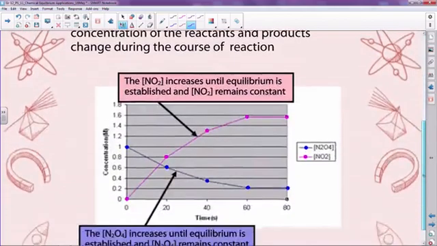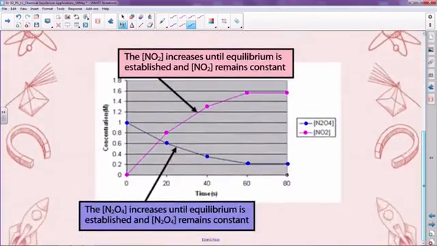Now, this is a rate graph, which helps us for equilibrium. So you know what rate graphs are, and this graph plots what happens with the N2O4 and the NO2 over time. You can see with the blue graph over here, which starts here at 1, that we start with a lot of N2O4, and over time it slowly decreases, and eventually, and this is important, over here, it goes parallel to the axis. That means that the concentration remains constant.